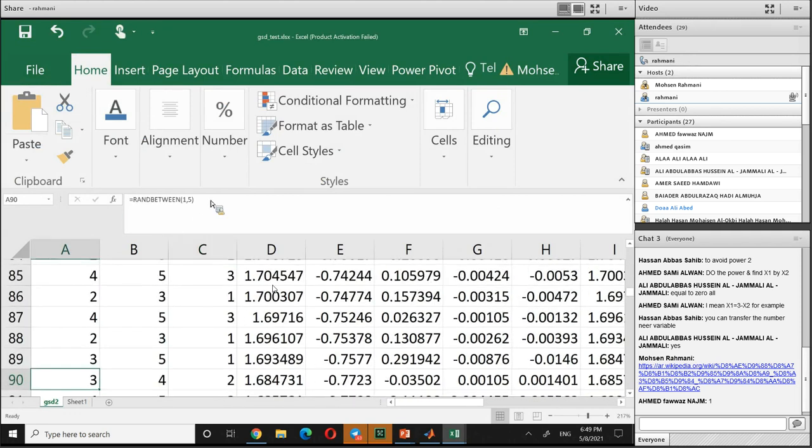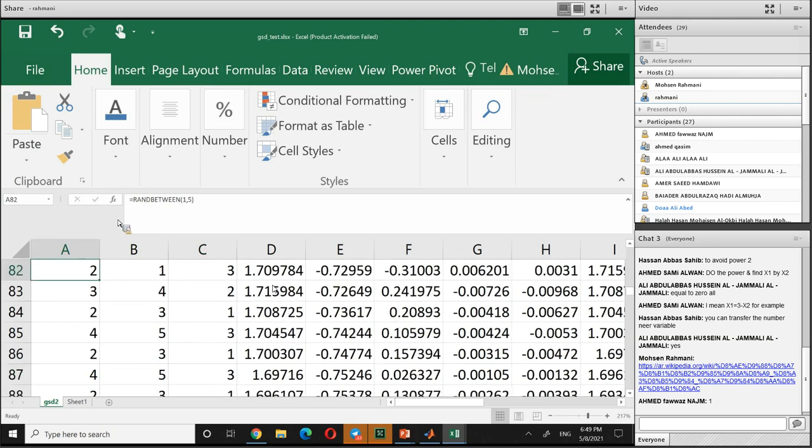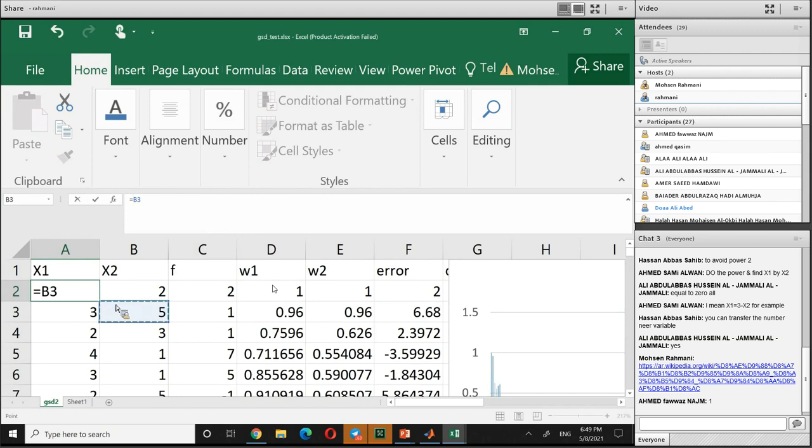I have used the term rand between 1 and 5 for the first input, and the same for x2, and f is 2 in x1 plus x2.